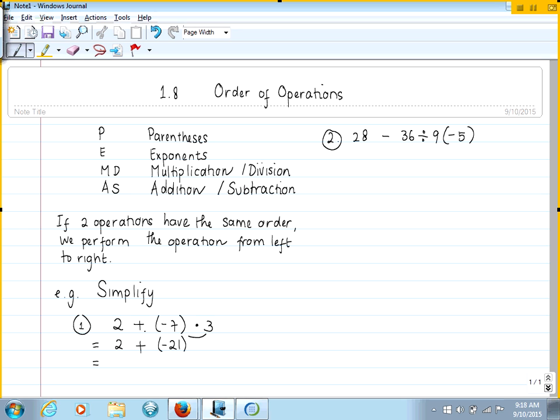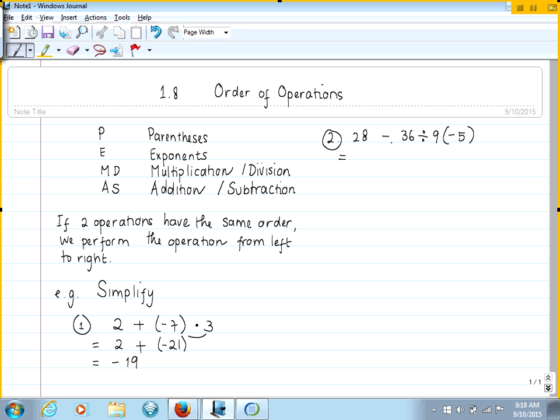Good. So we copy the 2 plus because we do it last. So what is 2 plus negative 21? Negative 19. Yes. So if you have a portfolio, all of these goes to your portfolio, not just the answer. Okay. Let's do number 2, and then I will give you a lot more problems for you to do.